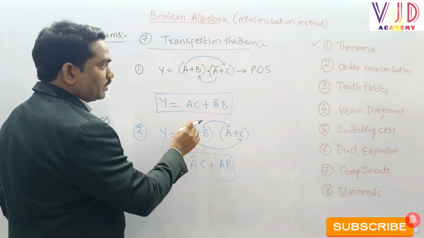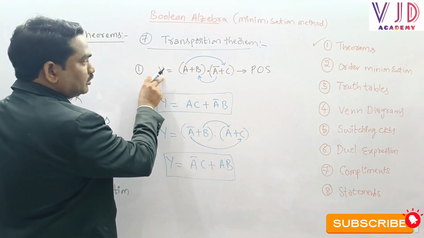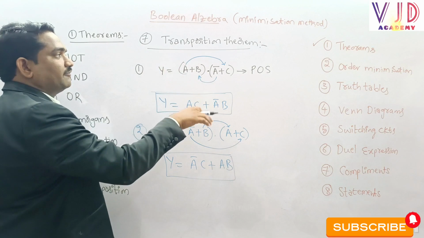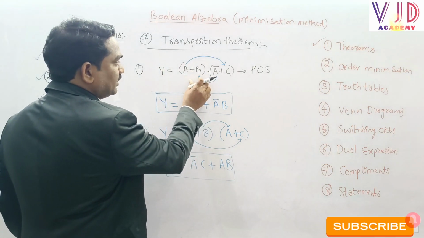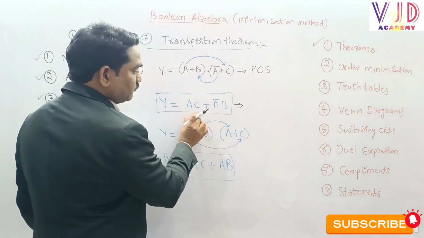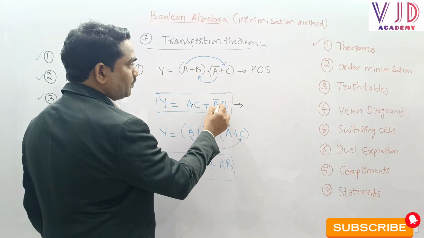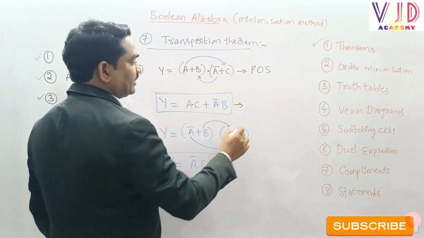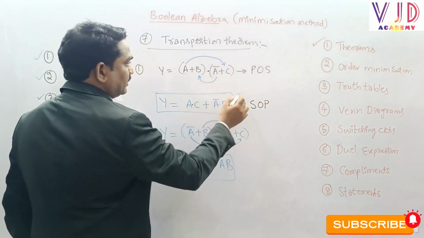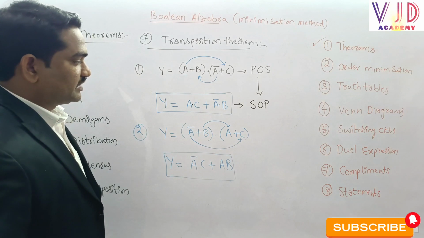And now the output after applying the transposition theorem, when we apply the transposition theorem to this logical expression, will become SOP, sum of products. Here these are the two products and this is a sum. We can say this will become SOP. Here POS will become SOP when we apply the transposition theorem.